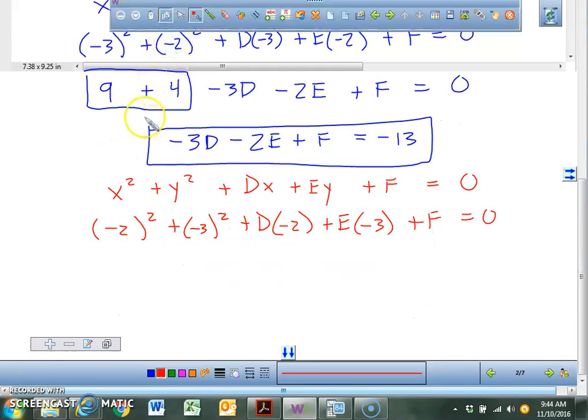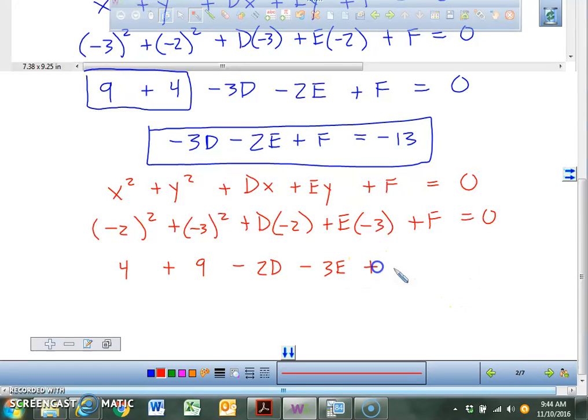All right, now I'm going to evaluate this one. -2 times -2 is 4. This becomes a 9. -2 times D is minus 2D, minus a 3E, plus an F equals 0. Once again, what do you notice about this 4 and this 9?